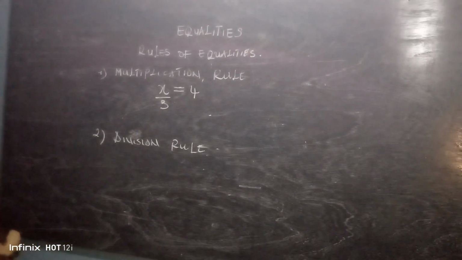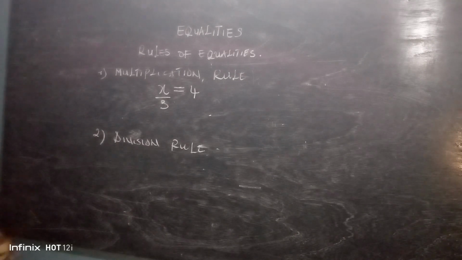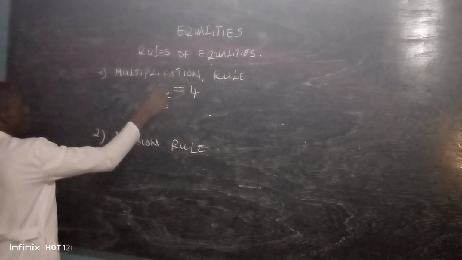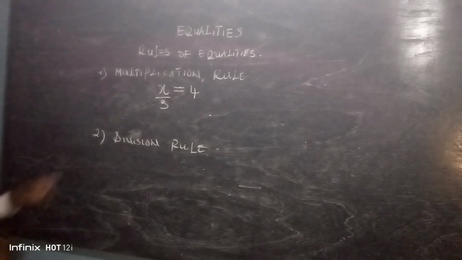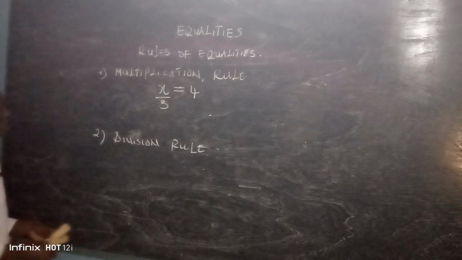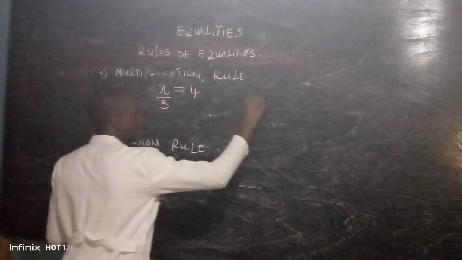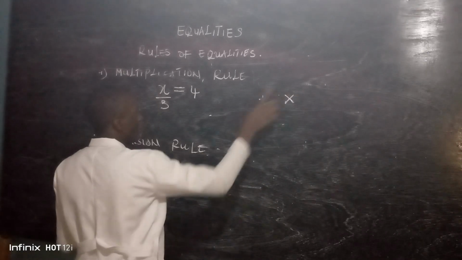If I want to apply the multiplication rule of equality, whenever the variable you want to make the subject or you want to solve for in that equation is divided by something, you instead multiply. So division goes with multiplication.